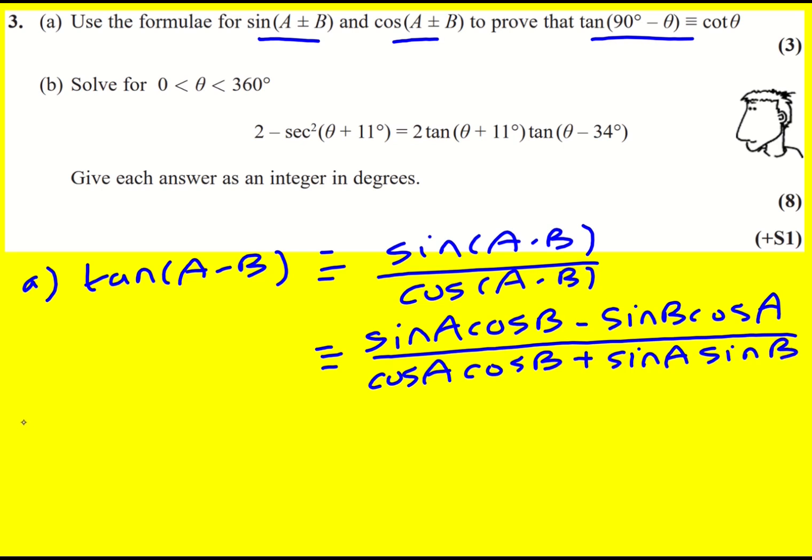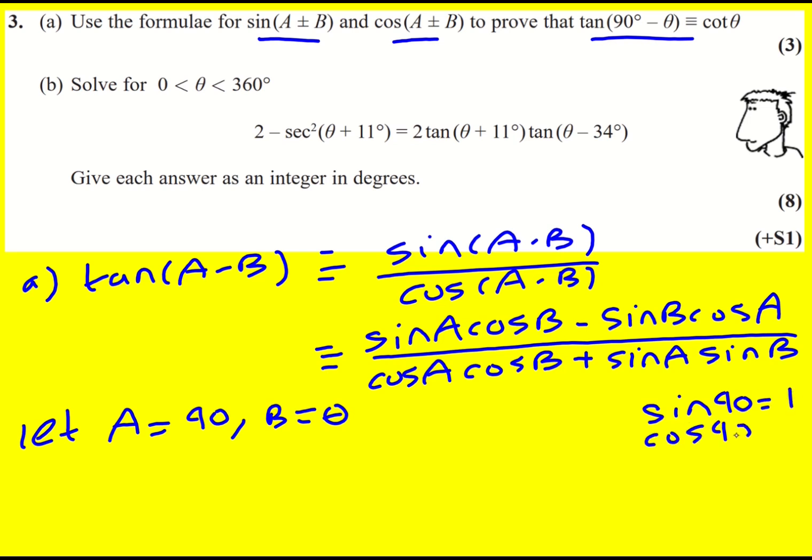All right, nice. So I'm going to let A equal 90, like I said, and B equal θ. I'm going to need to substitute in for 90 at some point. I'm going to get sin θ and cos θ, obviously, but I'm also going to get sin 90, which is actually 1, and cos 90, which is 0.